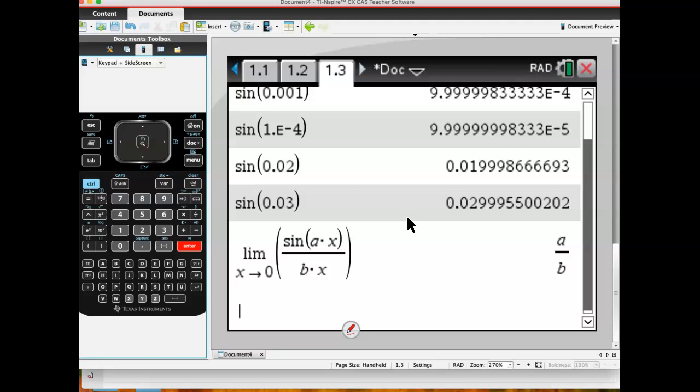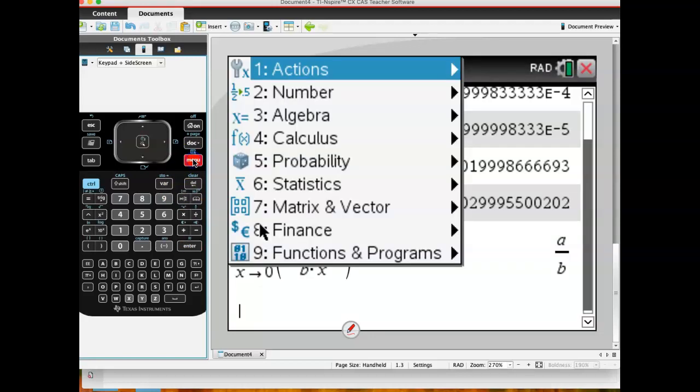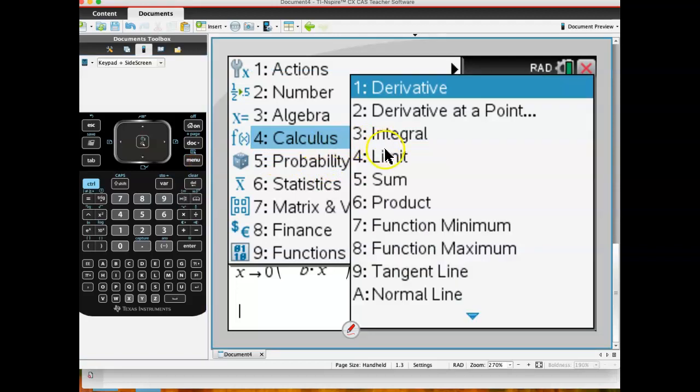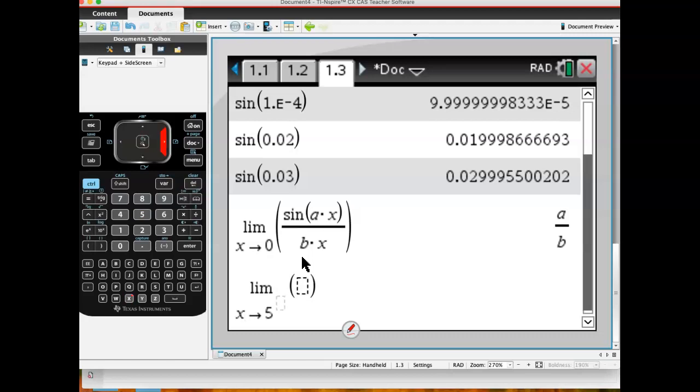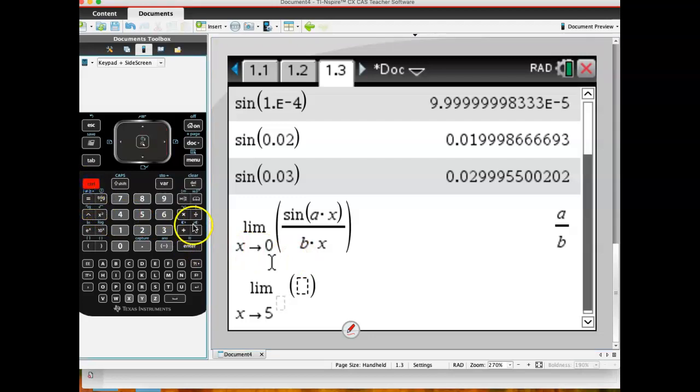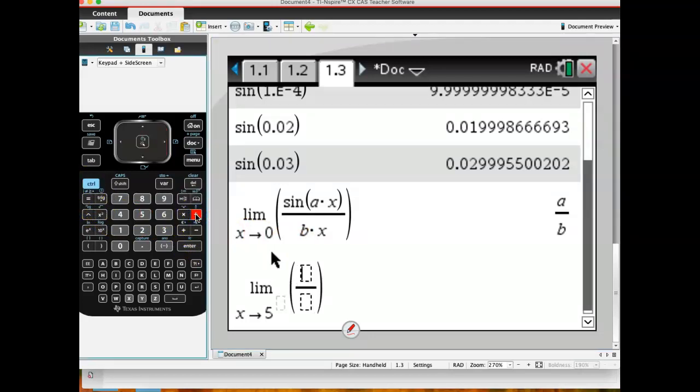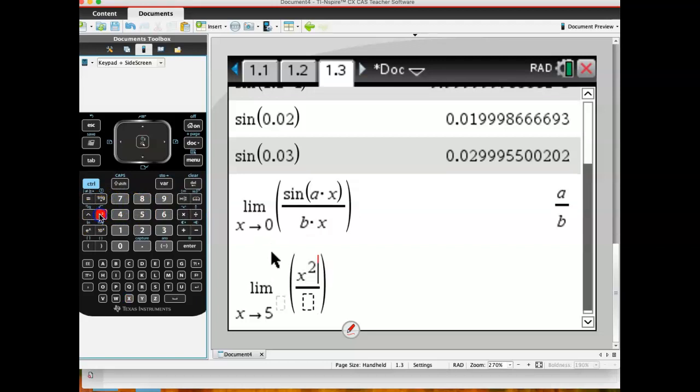For instance, when I was looking at menu, calculus, limit, x approaches 5 of, I do my old control divide and I type in an x squared minus 25 over 3x minus 15.